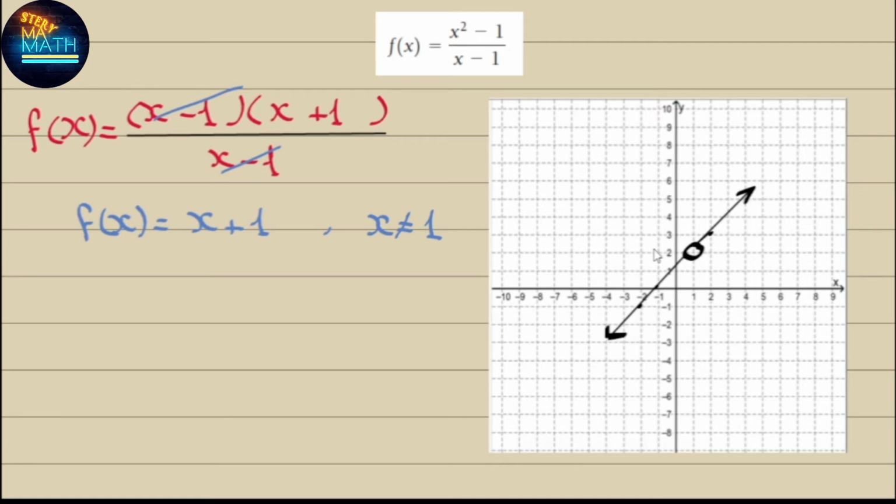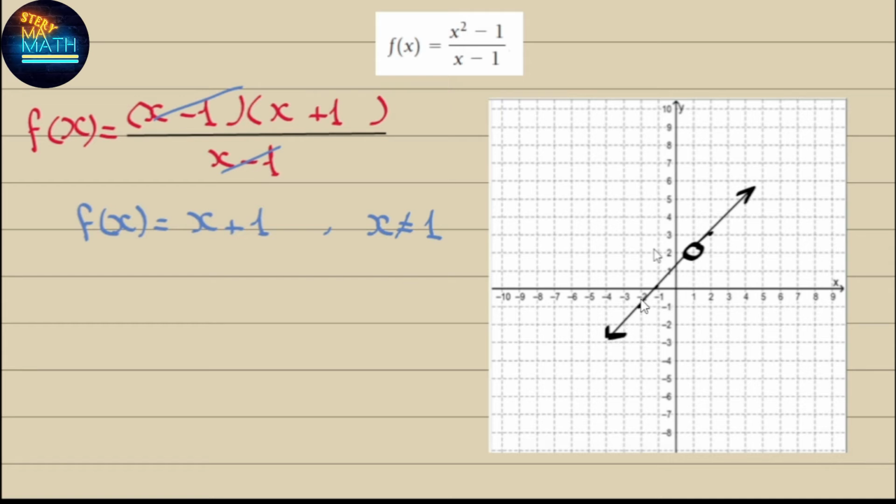Now we want to find the limit as x approaches 1. There are two limits: the limit from the left-hand side and the limit from the right-hand side. So when x approaches 1 from this direction, from the left-hand side, let's see the function.